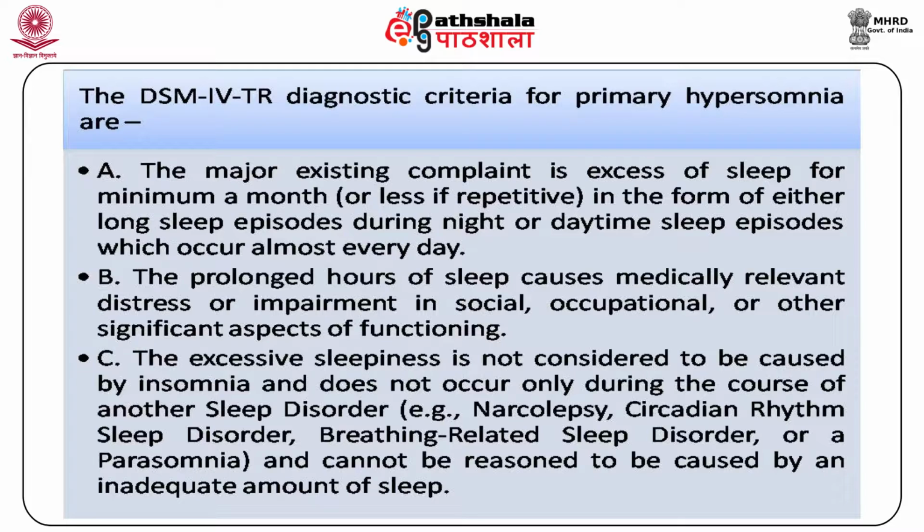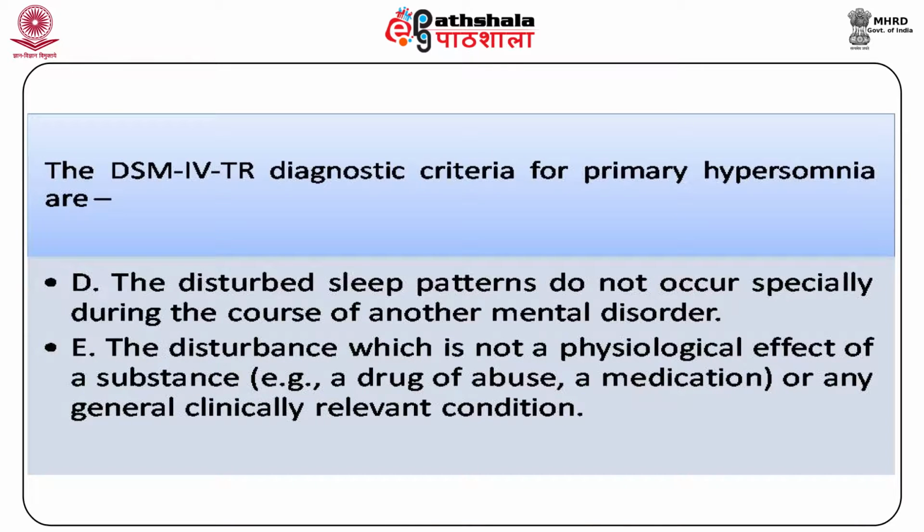The excessive sleepiness is not better accounted for by insomnia and does not occur exclusively during the course of another sleep disorder, and cannot be accounted for by an inadequate amount of sleep. Number 4. The disturbance does not occur exclusively during the course of another mental disorder. Number 5. The disturbance is not due to the direct physiological effects of a substance or a general medical condition.